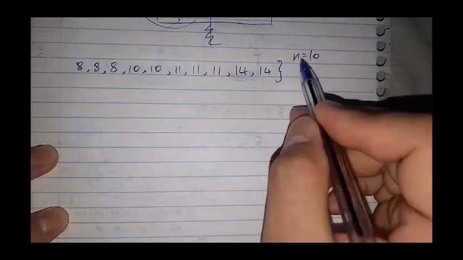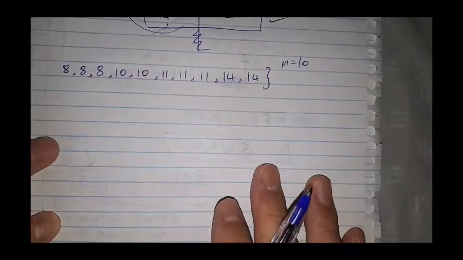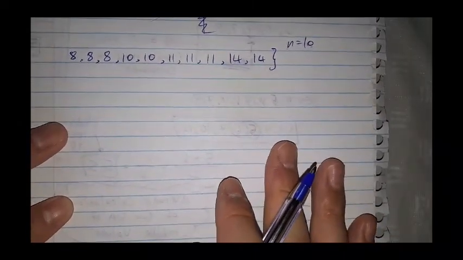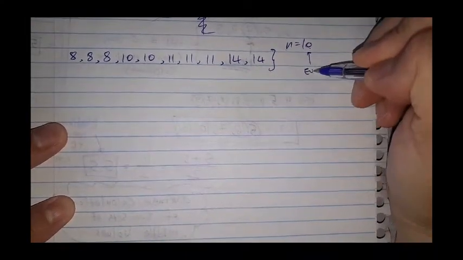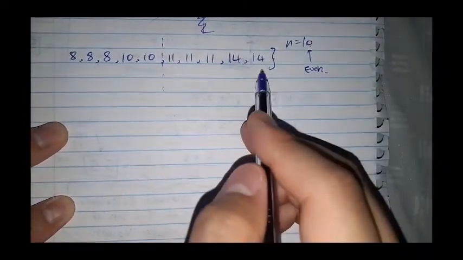I'm going to use this little bit of algebra method, but it's not necessary. Now that means, as you may notice, this is an even number. That means we need to do a calculation because we don't have an exact middle. In fact, the middle is first 5 and next 5. So it is between 10 and 11.